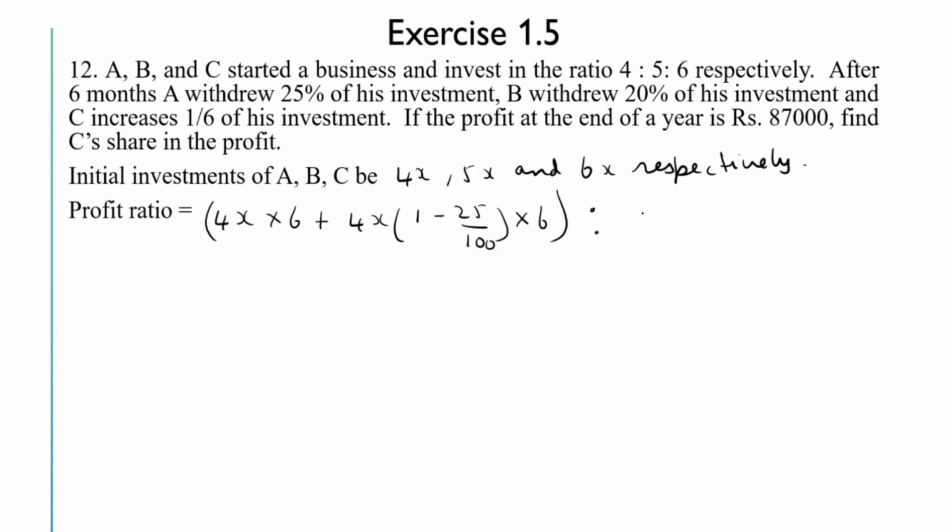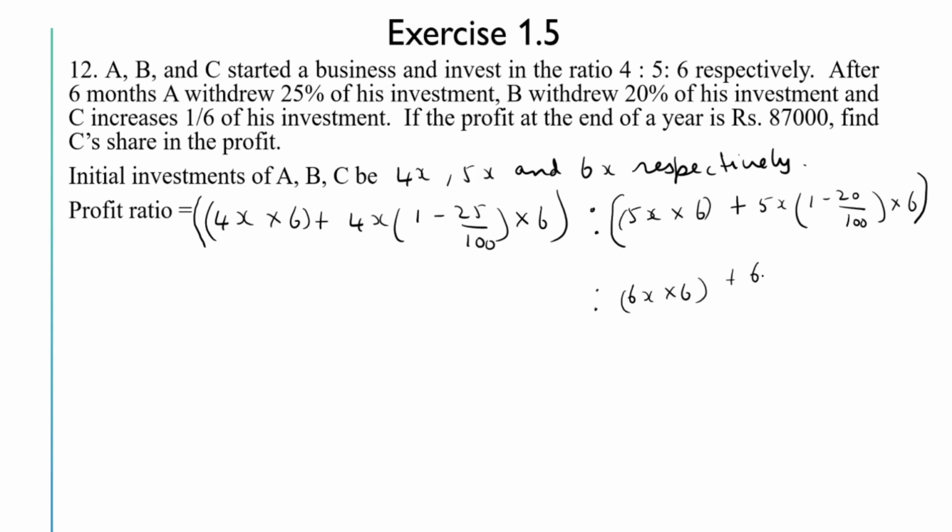Is to, for B, 5x into 6 plus 5x into (1 minus 20/100) into 6, is to, for C, 6x into 6 plus 6x into (1 plus 1/6) into 6.